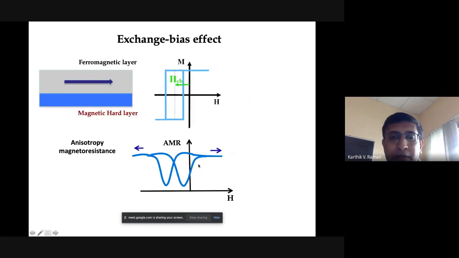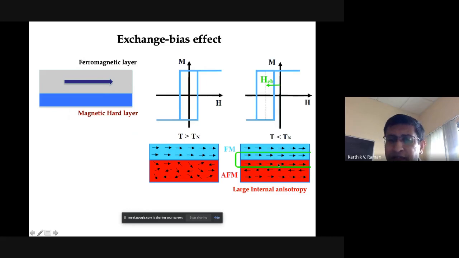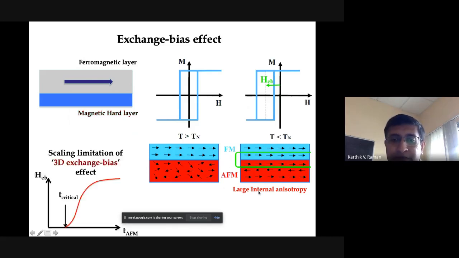But now if I put a hard layer in proximity to this material, I can essentially shift the hysteresis loop to one side, because there is a spring action that develops across the interface, which forces the ferromagnet to have a shift in the hysteresis response and also in the AMR. And this is, as I mentioned, primarily driven by the spring-like action that appears across the interface, which could also happen if you have an antiferromagnet at the bottom.